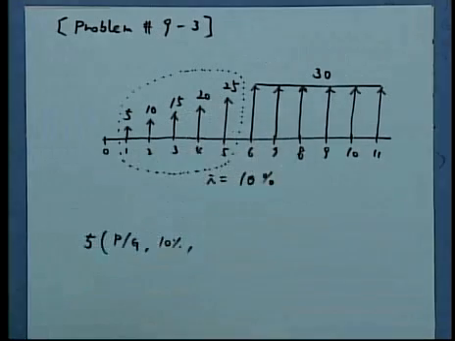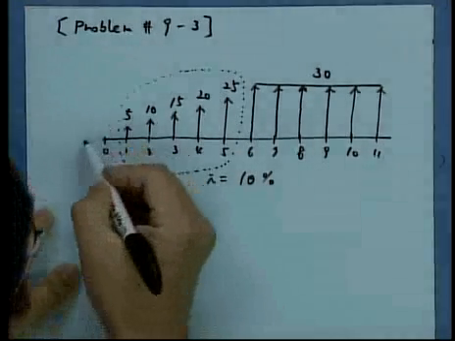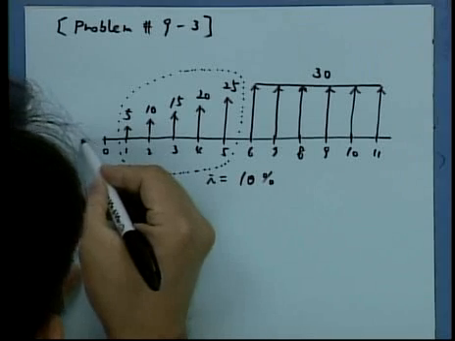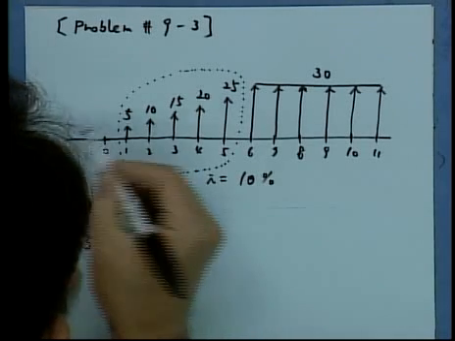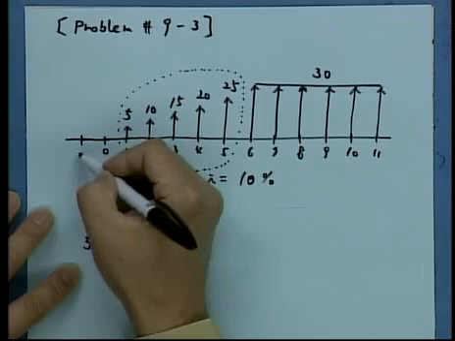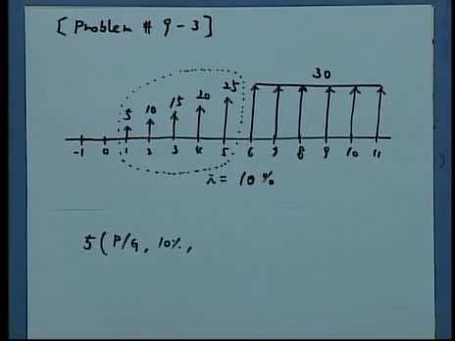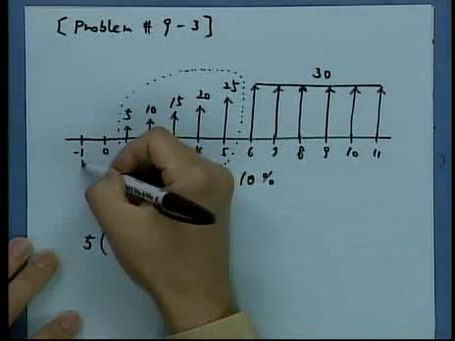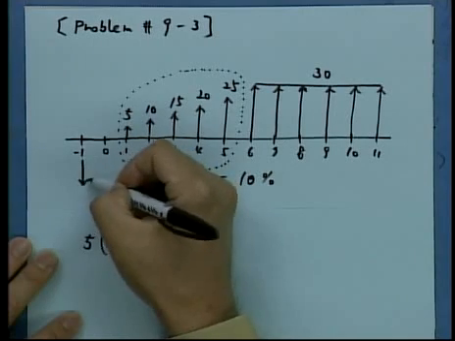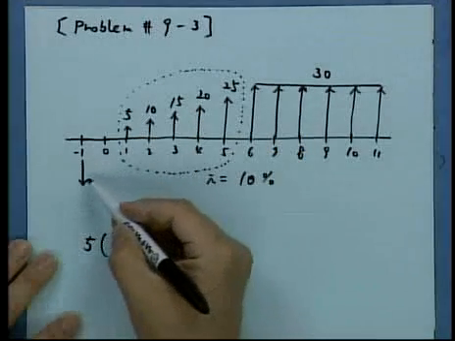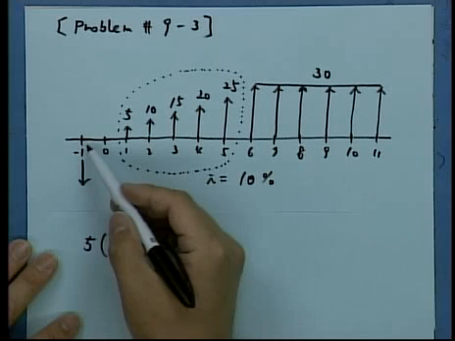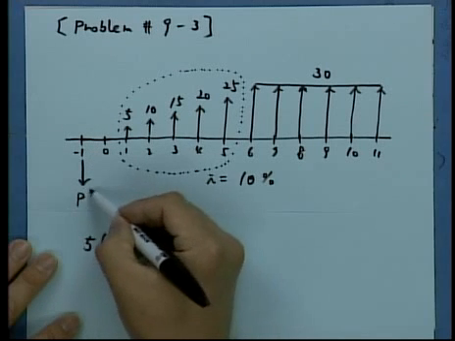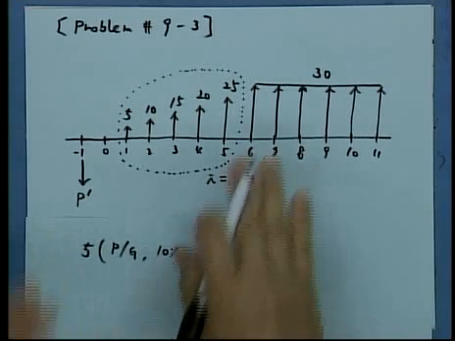So what you need to do is set the equivalent present worth at the end of period -1. Let's call that P prime.